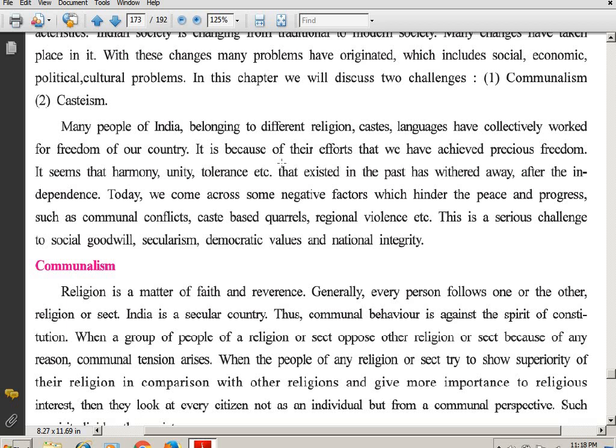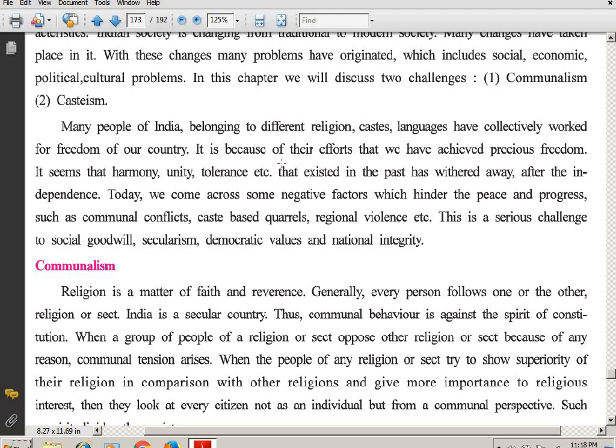Today, we come across some negative factors which hinder peace and progress, such as communal conflicts, caste-based quarrels, regional violence, etc. This is a serious challenge to social goodwill, secularism, democratic values, and national integrity. So, students, what did we see?